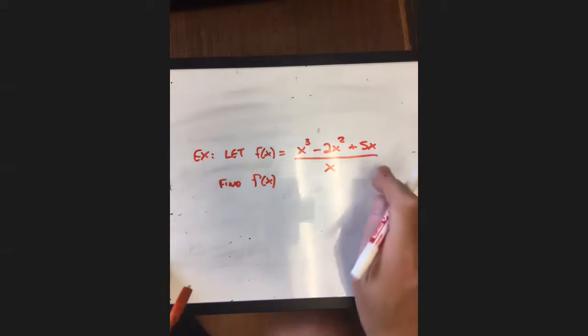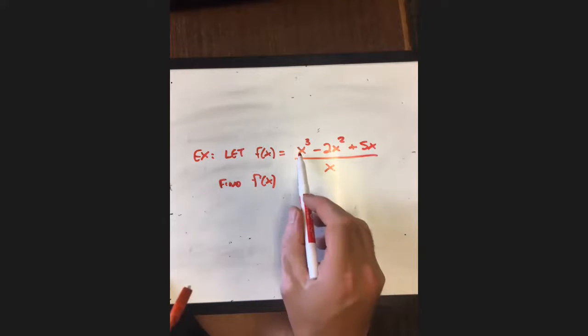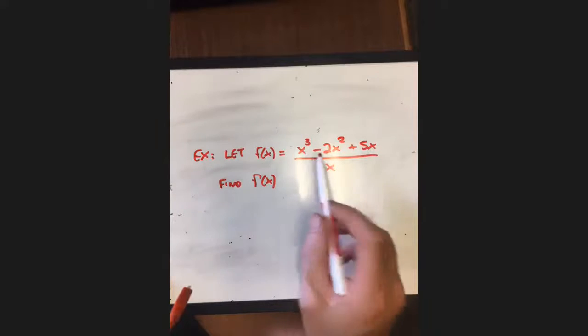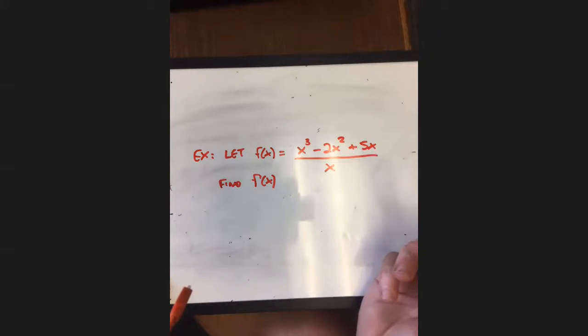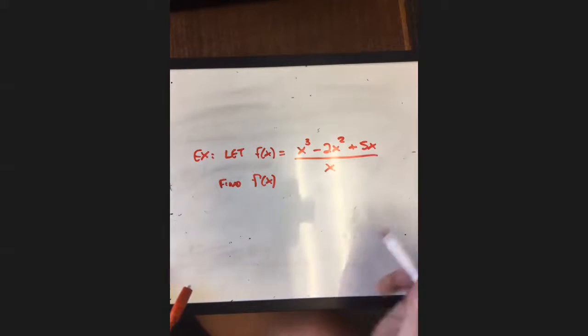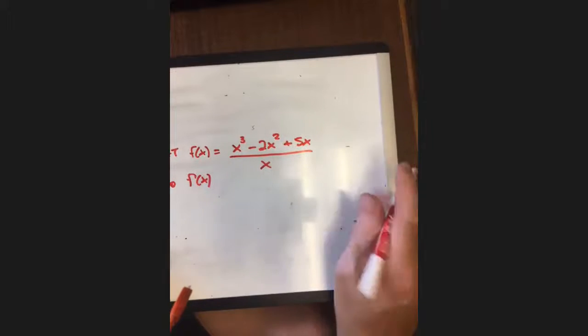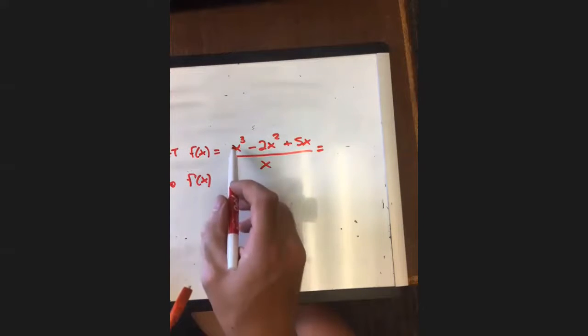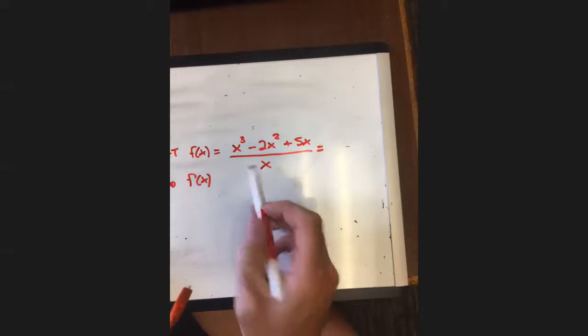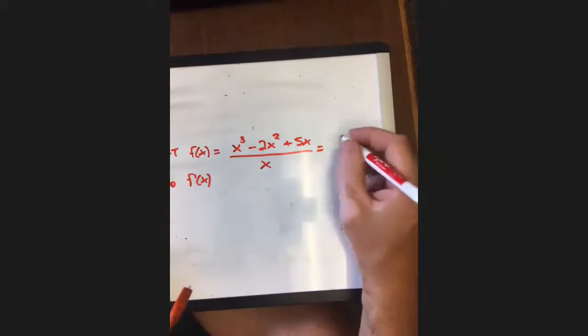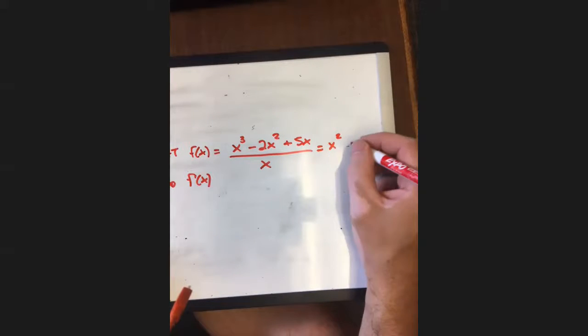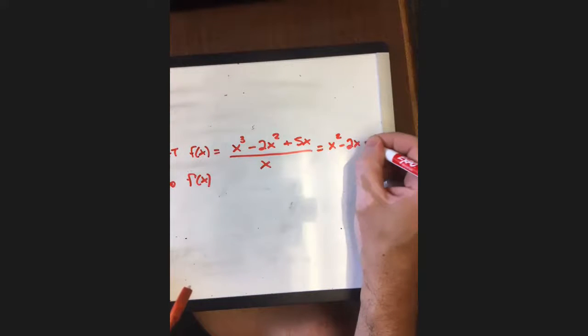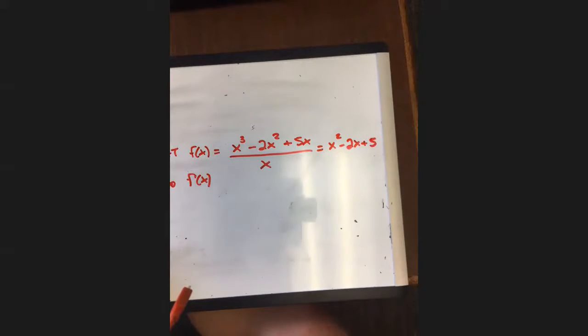And for this particular fraction, one thing I noticed is that all three terms in the numerator have a shared factor of x. I could factor an x out of all three terms, and in fact, simplify f of x, right? Each one of these terms can be divided by the denominator x. And so my function f is really just x squared minus 2x plus 5.